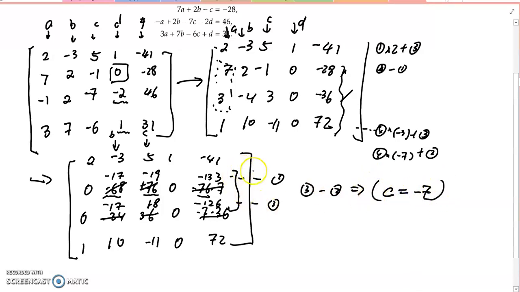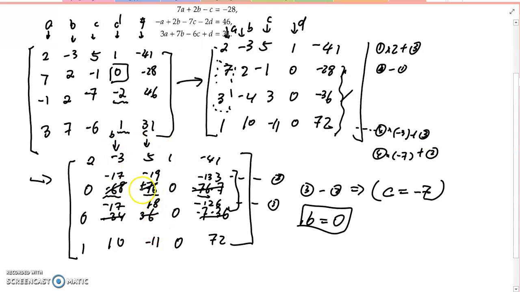If we know C equals -7, then you put the -7 here. We can solve for B, so B is 0. Once you solve, C is -7 and B is 0.